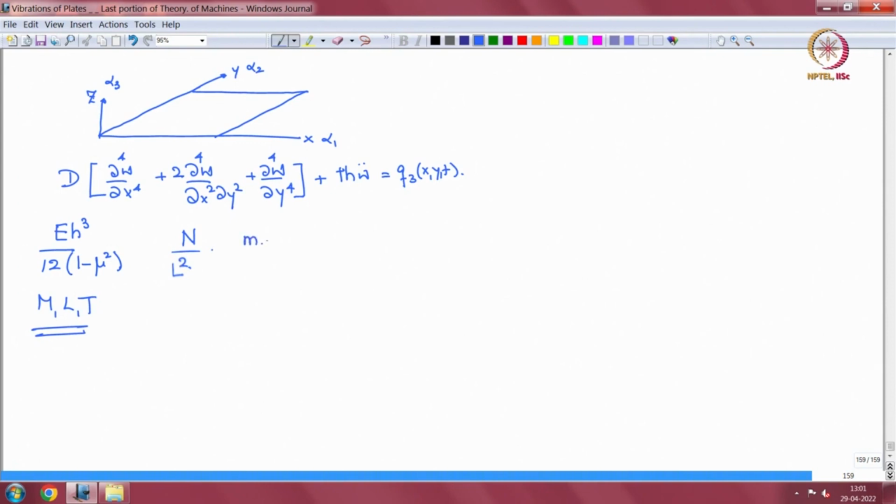Mass into acceleration, and further length squared, L squared, and this cubic in length, say L cube. So this is what? M L square by T square.